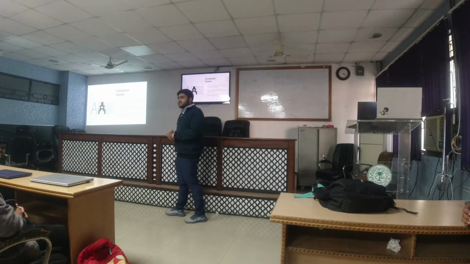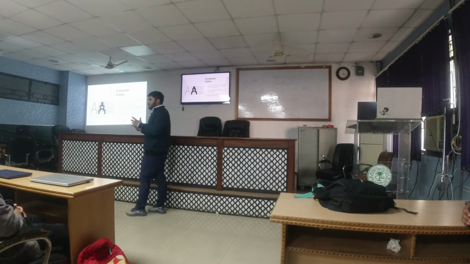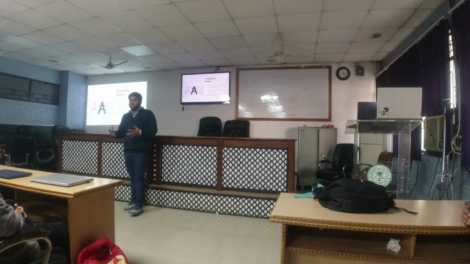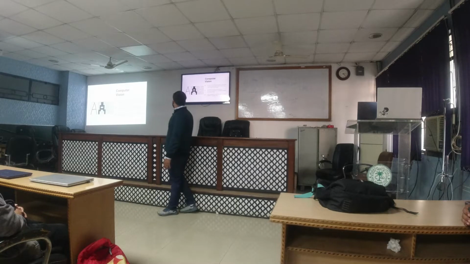This is one similarity between computer vision and human vision. Both of them identify what is in their surroundings and what is in their environment. That is what computer vision and human vision have in common.